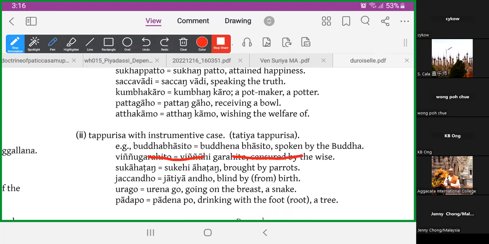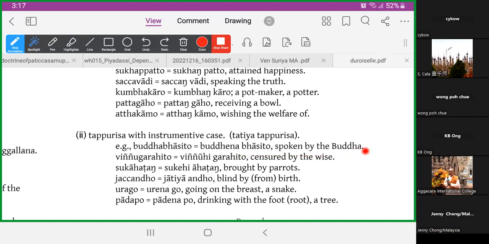Okay, so we can read the example together. So join me in reading. Number 2. Tappurisa with instrumental case, Tatiya Tappurisa. For example, Buddhena Bhasito, spoken by the Buddha.